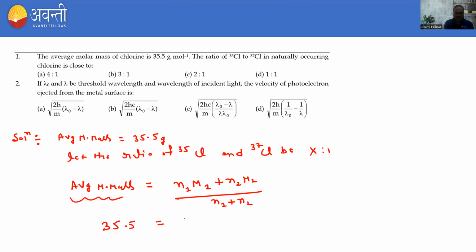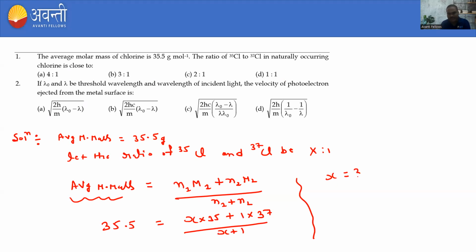And you need to calculate x into the molecular mass of the first, that is 35, plus 1 into 37, divided by x plus 1. So on solving you can easily get the value of x, because there is only one variable, that is x. All other quantities are known.